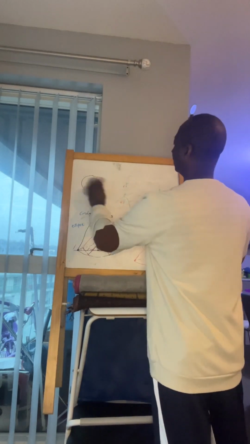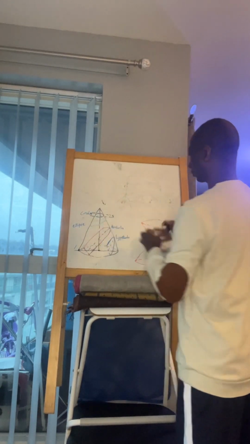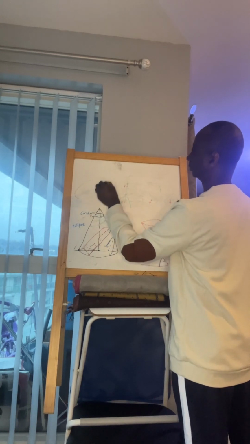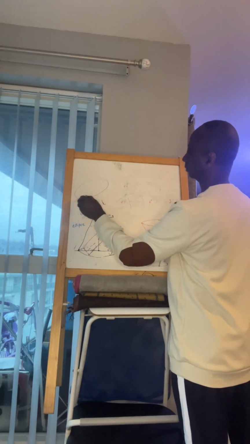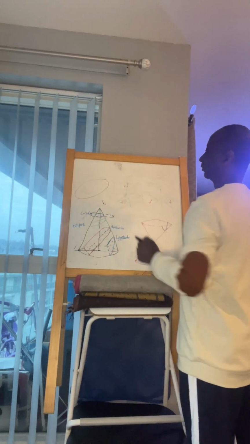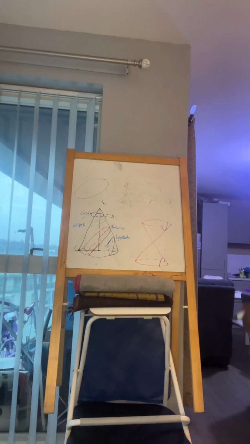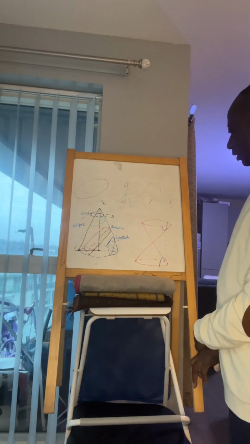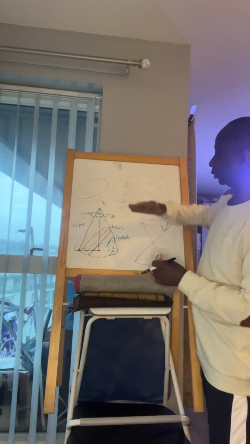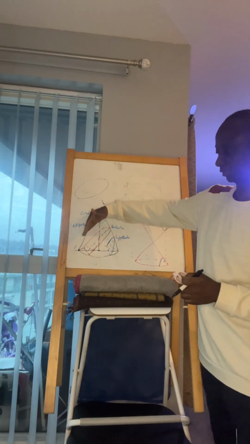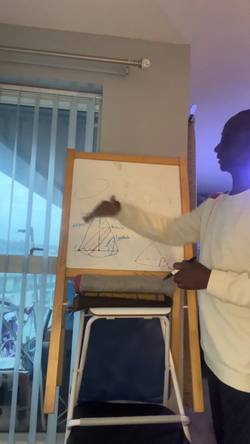You get something like this. An ellipse. If you take that plane, tilt it at an angle, and cut through the cone, you get an ellipse.